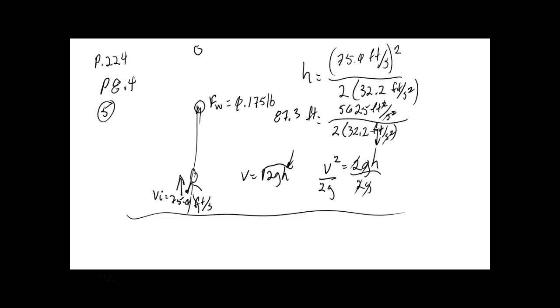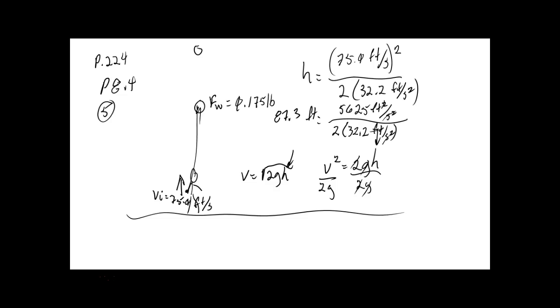Okay. If it's increasing speed as it comes down, it can't be 0 at the bottom. Now when it hits the ground, yeah, it's going to stop and go to 0, but just before it hits. You threw it up with a velocity of, this one was, 75 feet per second.